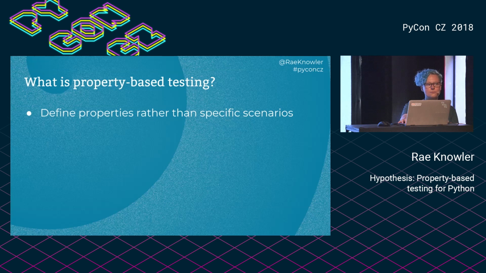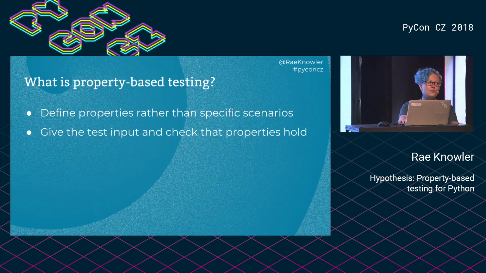You define properties about your code that you expect to always be true, rather than defining specific scenarios, like examples where you expect things to happen. If I call this function, I expect the answer to be 12. Instead, it's more like a mathematical equation. The result of this function is always equal to something.